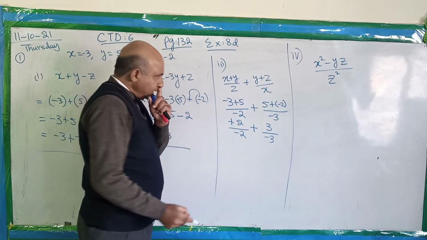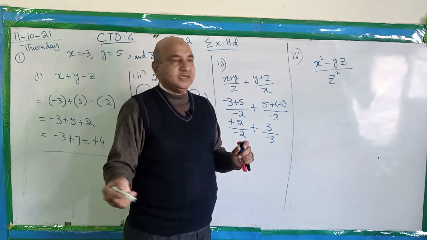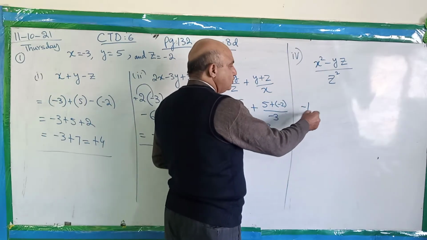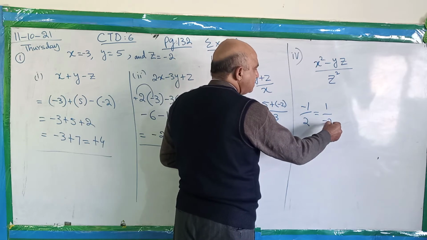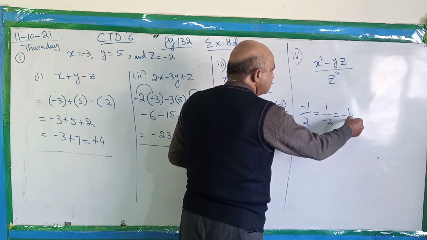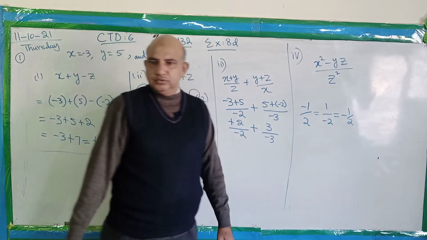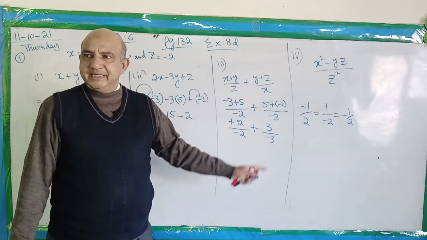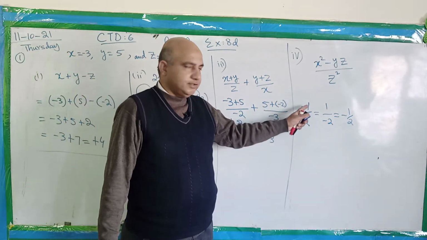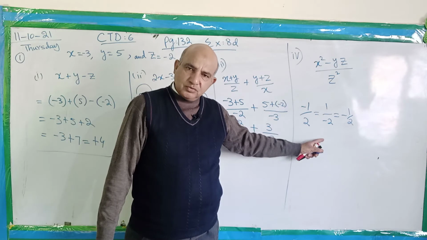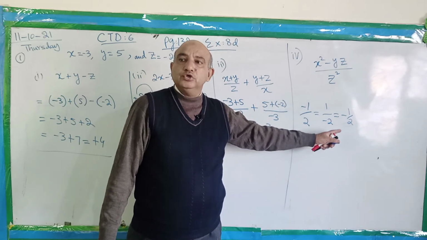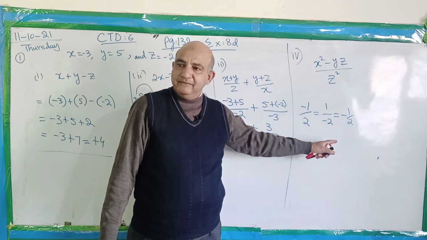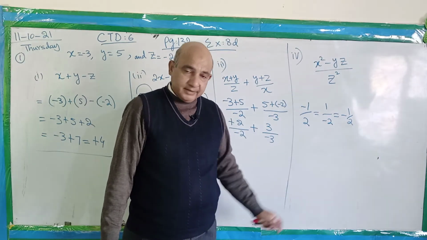As I have told you a number of times, minus 1 over 2 or 1 over minus 2 is the same as minus 1 over 2. One sign is with the numerator, the other sign is with the denominator. This is the sign of the whole fraction, right?